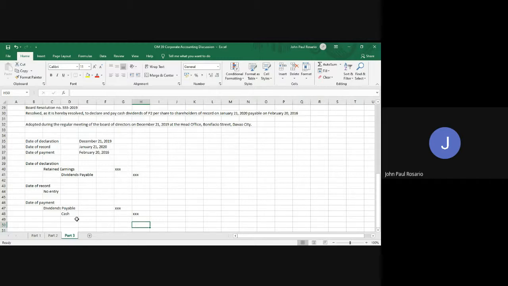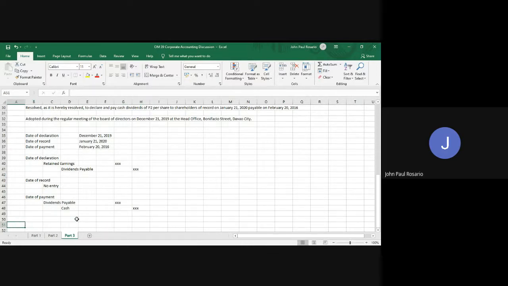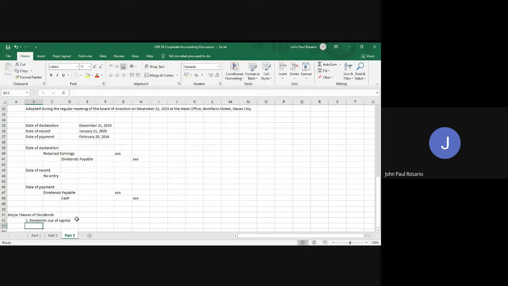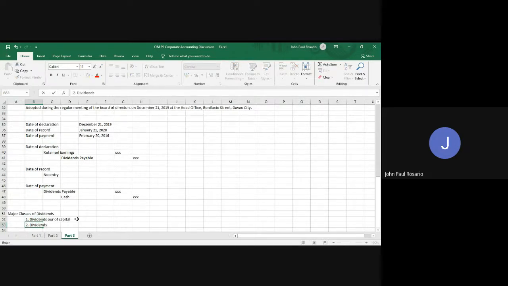Okay? So before we go there are two major classes of dividends. So this is dividends out of capital, and then dividends out of earnings.